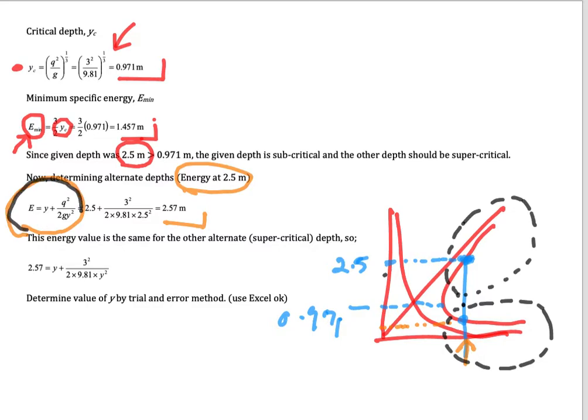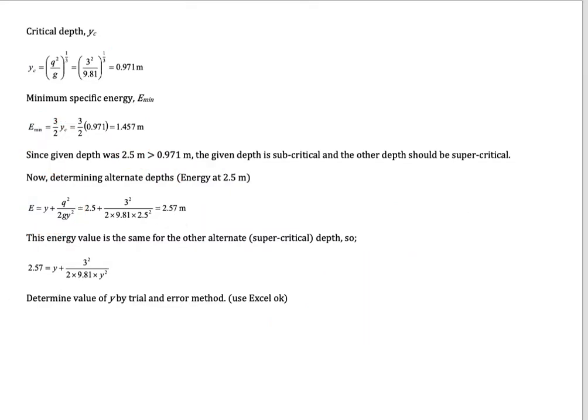We already calculated the value of energy, 2.57, so we substitute this value into this equation. This is the E. Now the unknown is the Y. So there are two Y here.